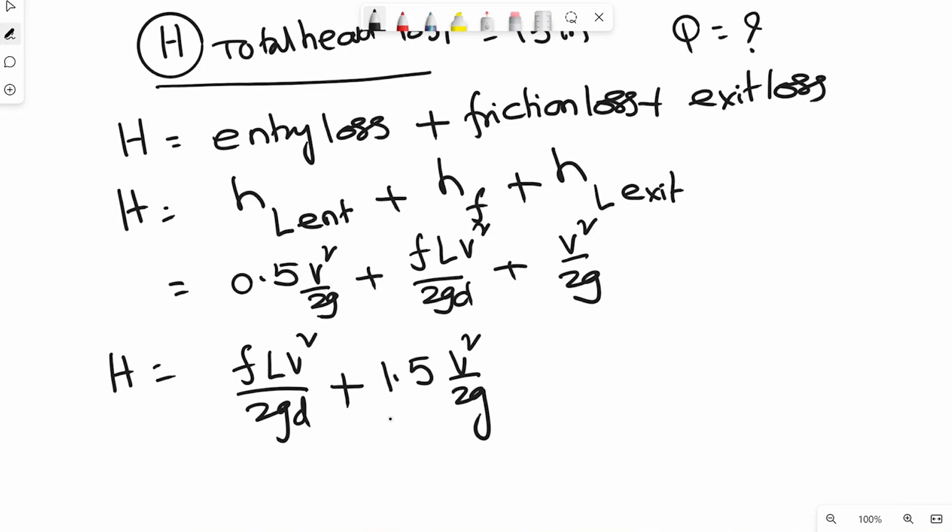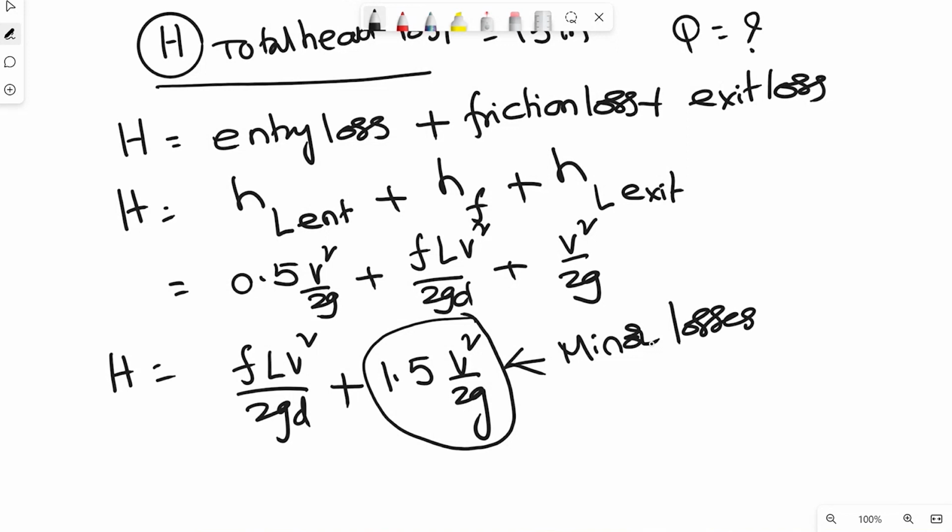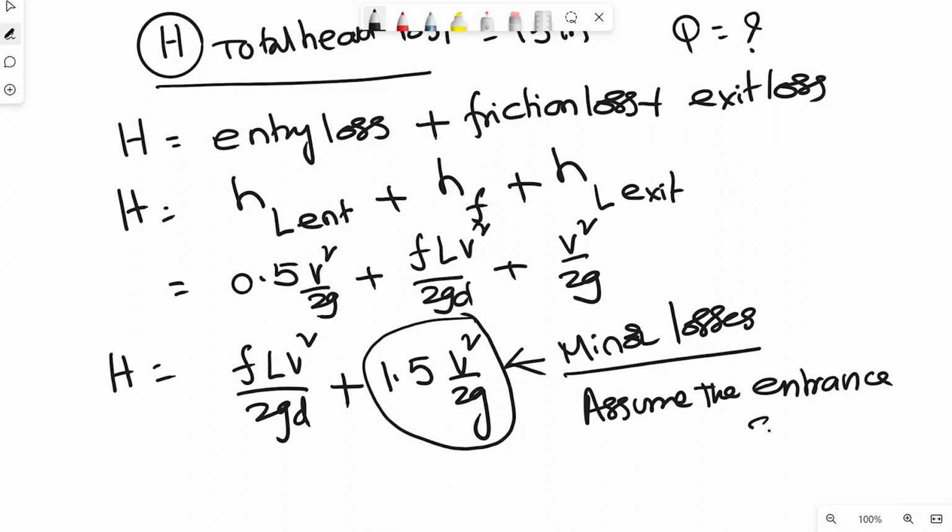Why this 1.5 V squared by 2g? This is the minor loss. Why did we consider minor losses? He already gave in the problem: assume the entrance is short. That is why we have considered these minor losses, right?